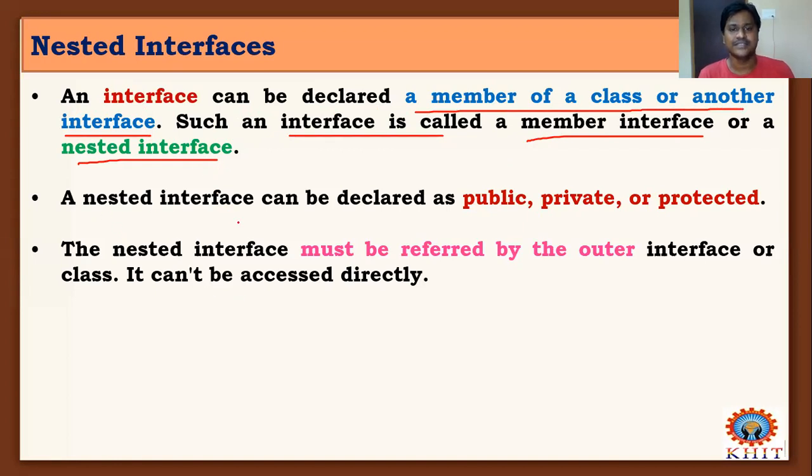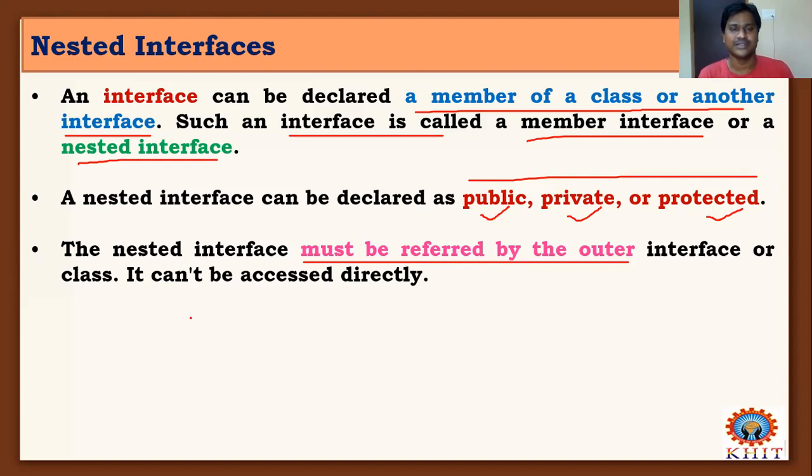A nested interface can be declared with any access type: public, private or protected. We know these access specifications or modifiers very well, how to use them and when to access the methods or members of a class or an interface in program situations. The nested interface must be referred to through the outer interface or class. This point is not new for us.